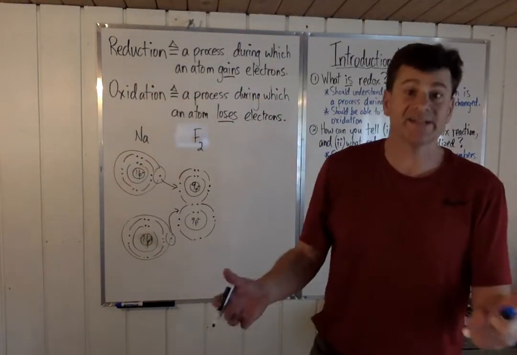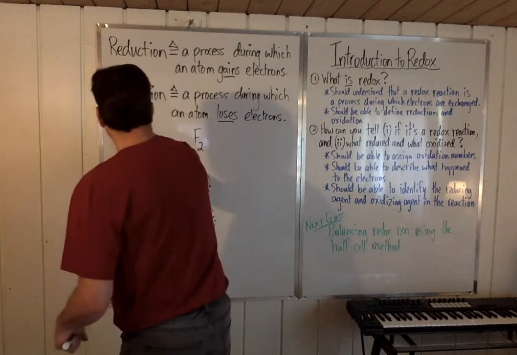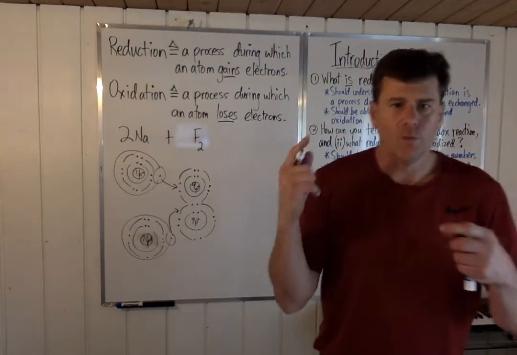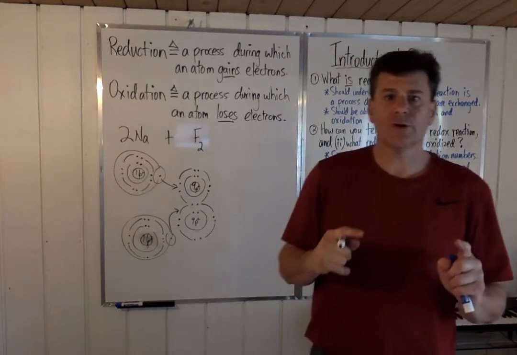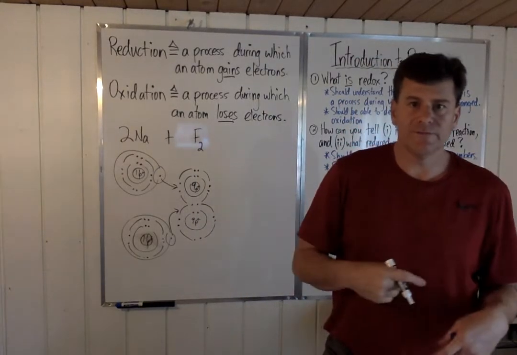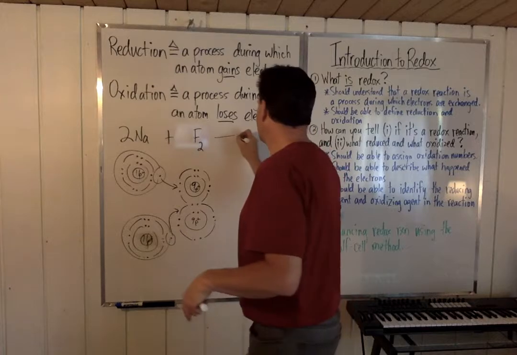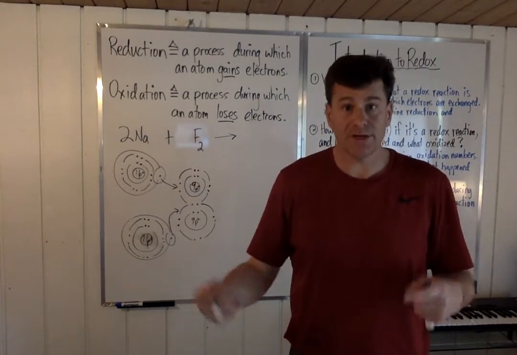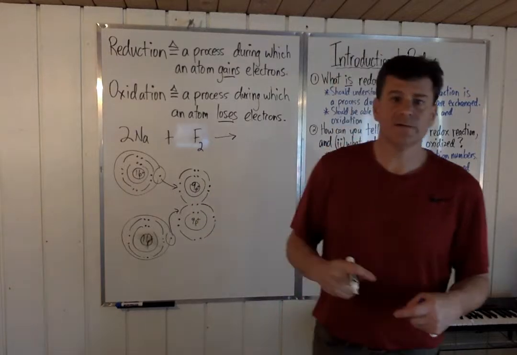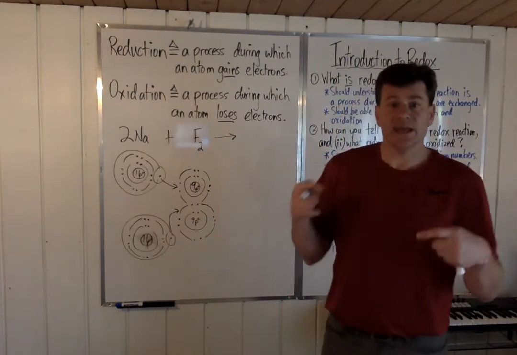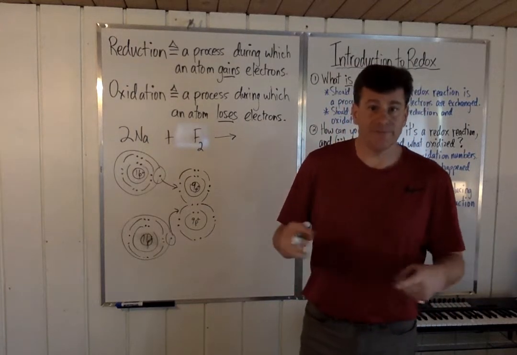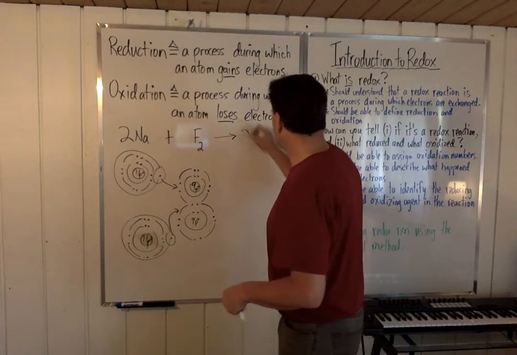And so chances are there's going to be 2 sodiums to donate 1 electron per sodium, to go to the two fluorines that are there. And when that happens, you get an actual reaction where each sodium oxidized by giving up one electron, each fluorine reduced by one to go to fluoride, and you ended up making two.